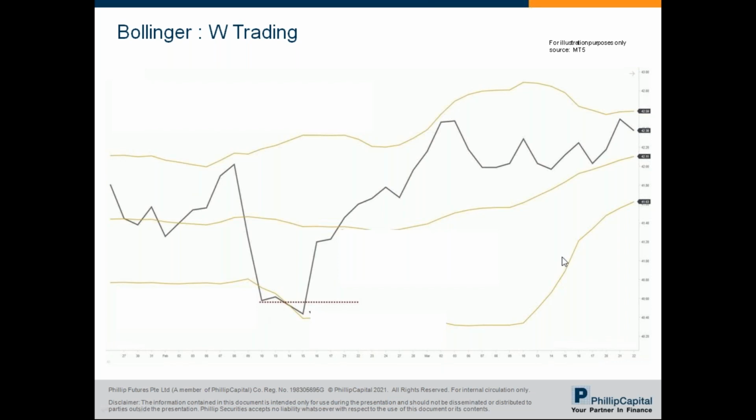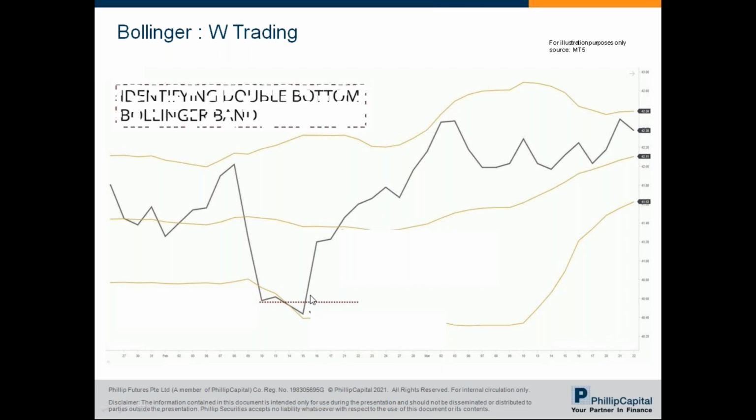So in this case, prices fell from a downtrend, and then this is a very simple W. It's not a full-blown W, but you can see that it resembles a W bottom here.